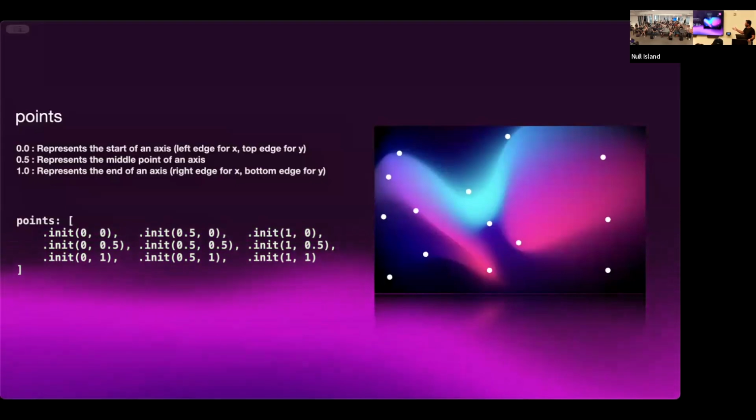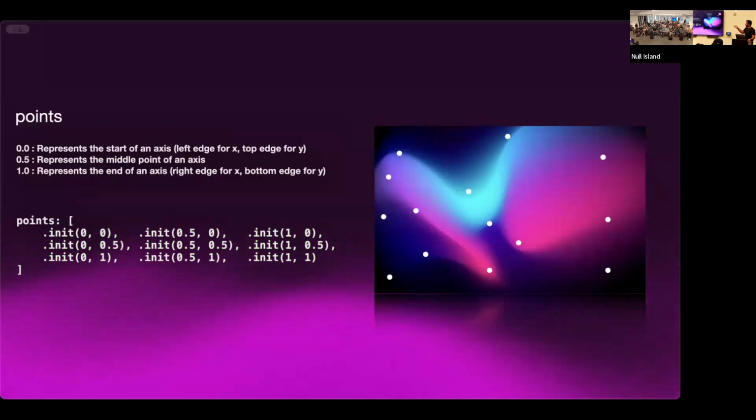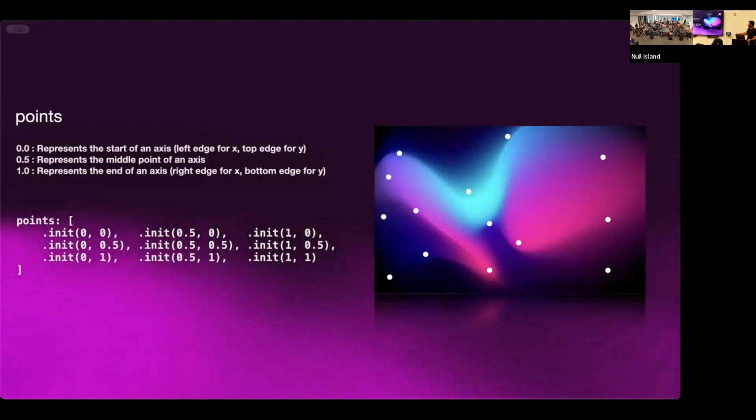Think of 0.0 as the start of an axis: the left edge for X, the top edge for Y. 0.5 represents the middle point of an axis, and 1.0 represents the end of an axis: the right edge for X and the bottom edge for Y.